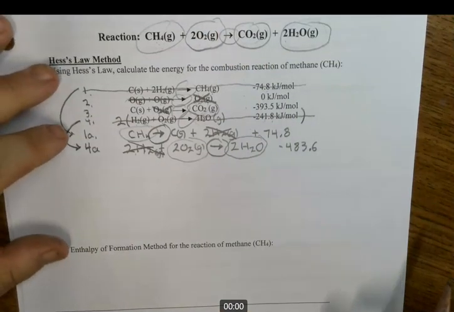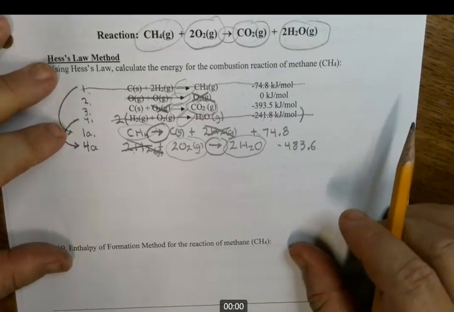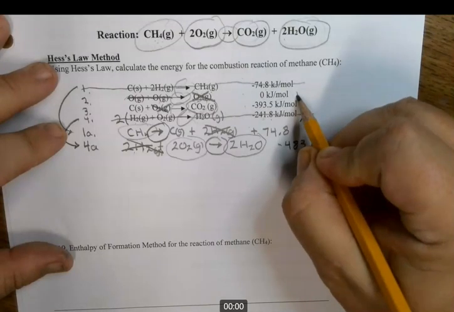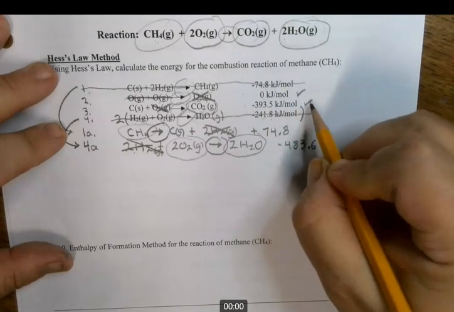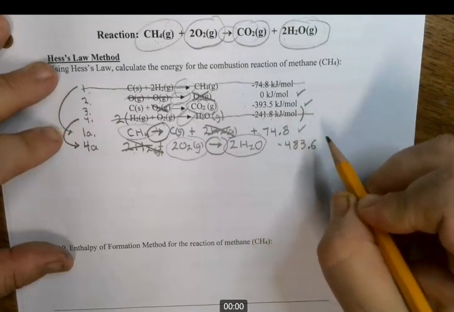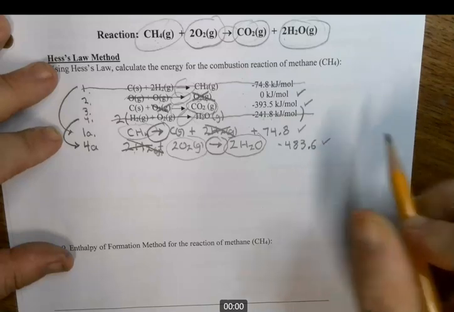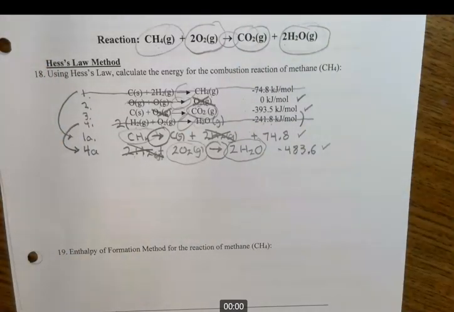So the equations we're interested in adding are 2, which is just 0, 3, 1A, and 4A. Those are the ones we're going to add, so let's go ahead and do that. So we start with negative 393.5. And we're going to add to that 74.8. And we're going to subtract from that 483.6.